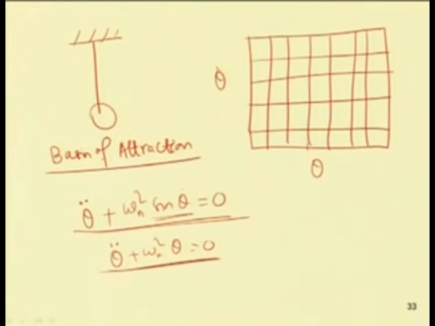But for large values of theta one can expand the sin theta term to have a nonlinear equation. In that case, to plot the phase portrait, we can use this Runge-Kutta method, and one requires different initial conditions.